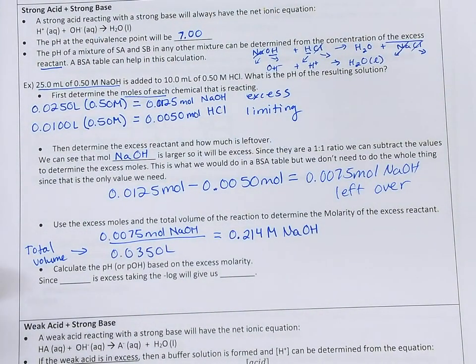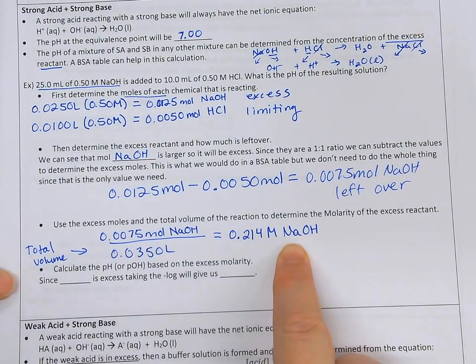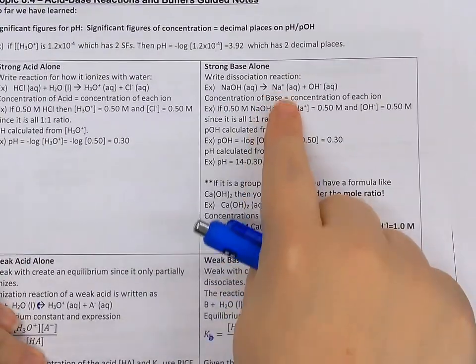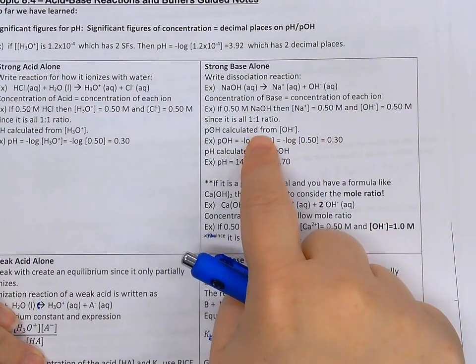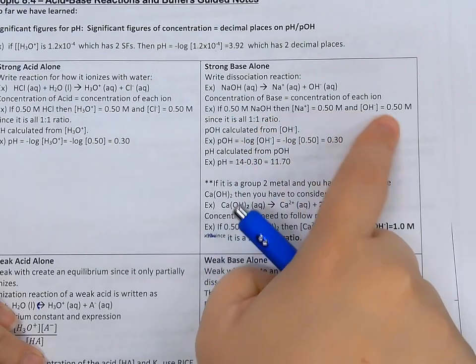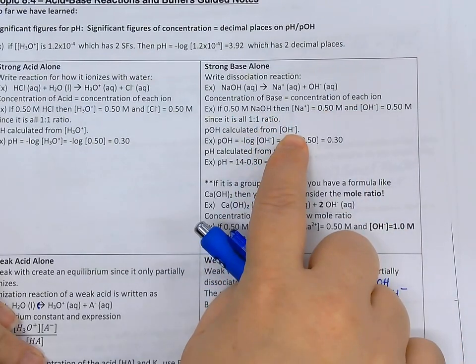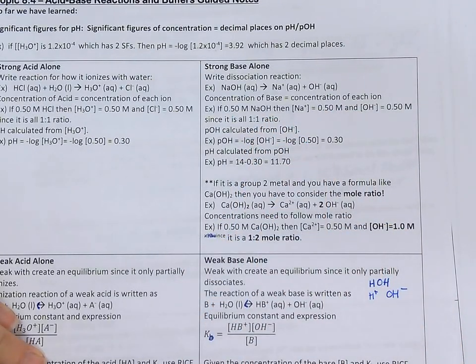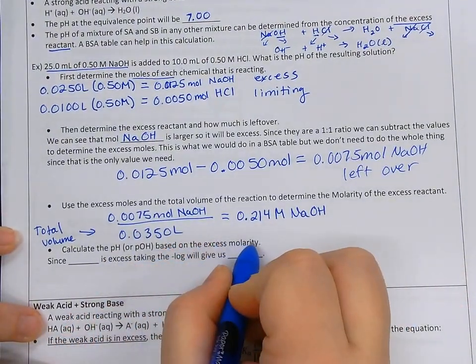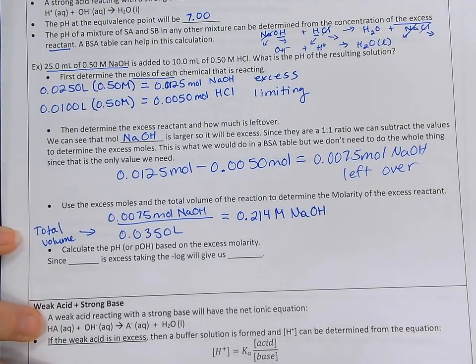Now, this is a strong base. This is exactly what we were looking at up here with our strong bases alone. So if we know the concentration of our strong base, then it's a 1-to-1 ratio for each ion. And so we can use that value to find our pOH. Okay, so we're going to calculate the pH or pOH based on the excess molarity.